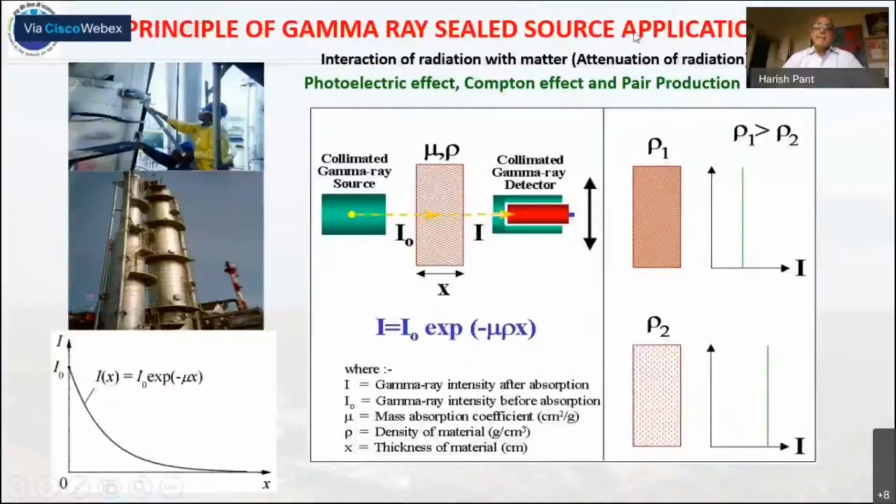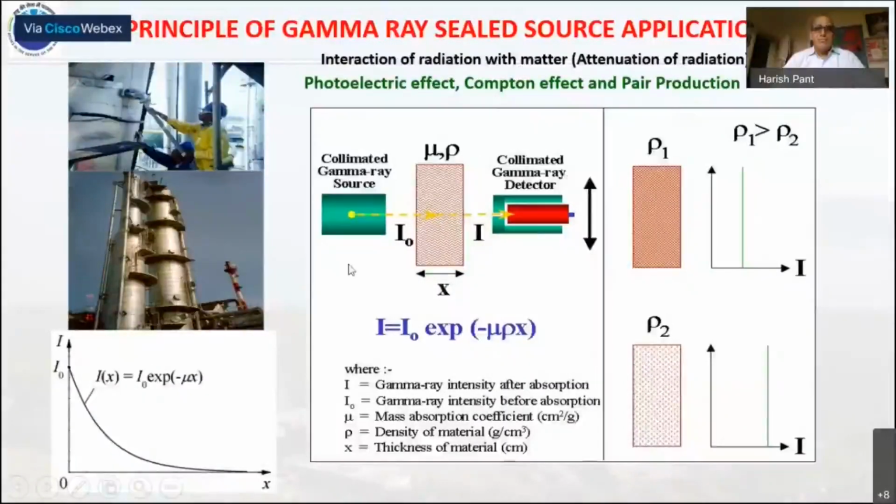All the gamma radiations, when they fall on any object or material, interact with the matter in three different ways: photoelectric effect, Compton effect, and pair production. They lose energy by these three processes, and eventually they get attenuated.